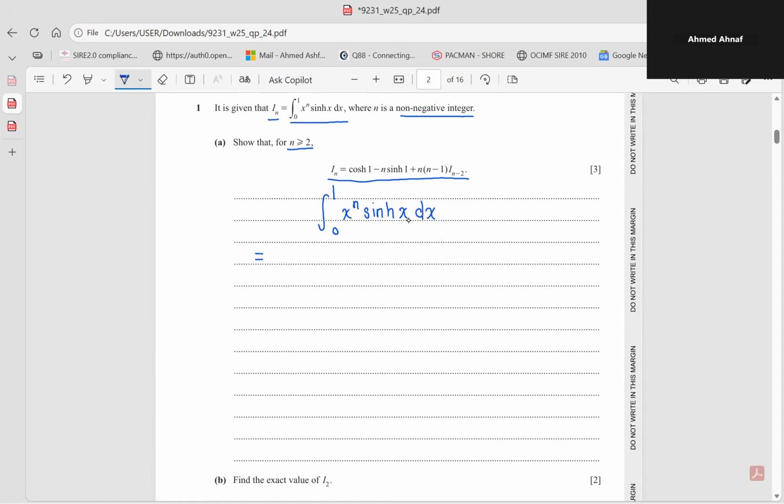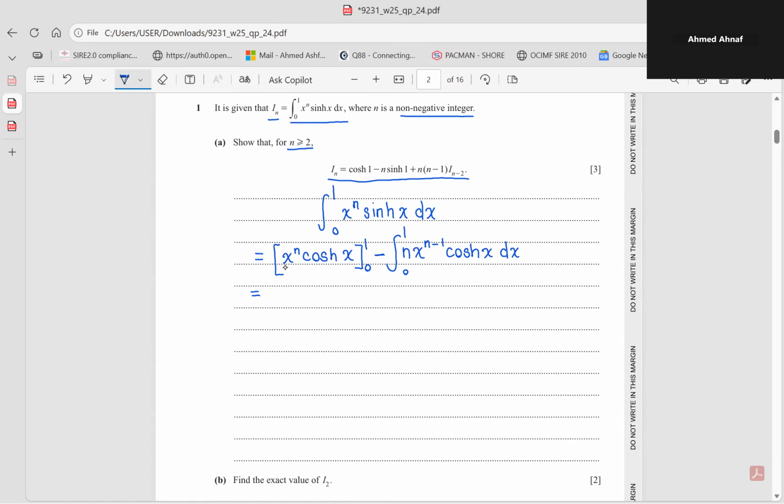V is therefore going to be minus cos x, so uv is x to the power of n times minus cos x, from 0 to 1, minus the integral of v times du/dx. Differentiating u, we get n times x to the power of n minus 1, times v, which is cos x, dx.